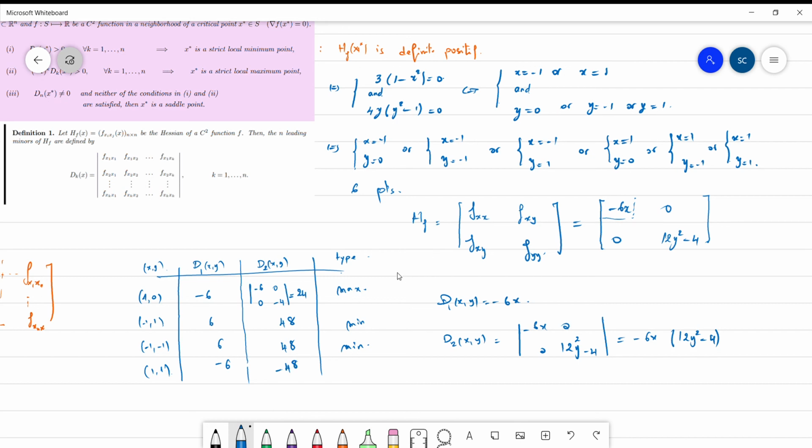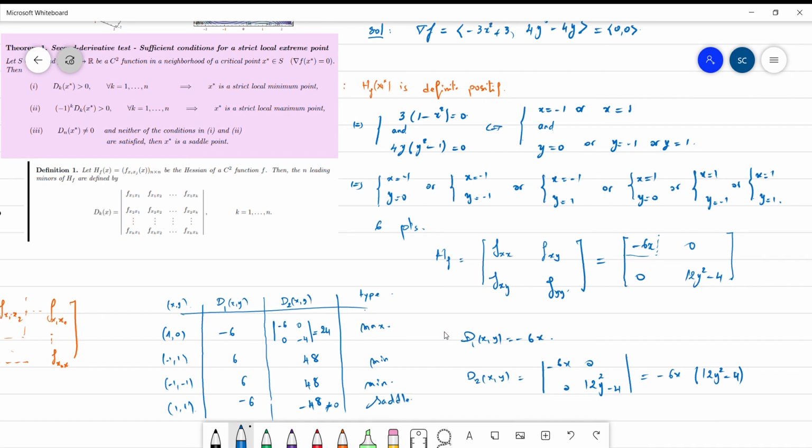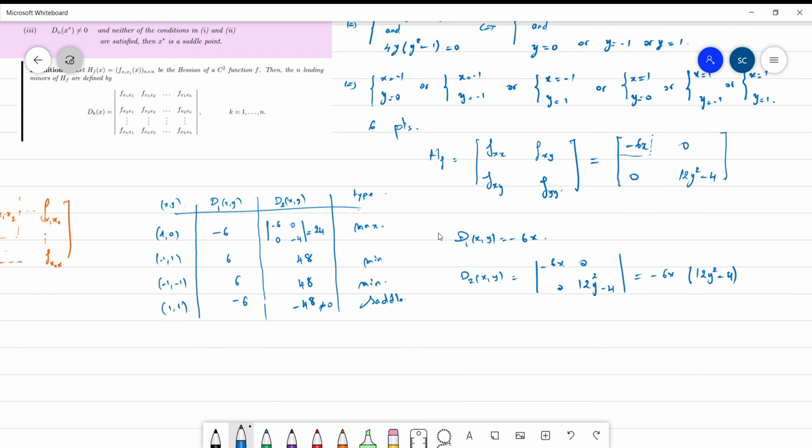Let's look at this situation: if you multiply d1 by minus 1, you get positive, but d2 is not positive, so the second condition is not satisfied, and the first is also not satisfied because we have a negative sign. Now d2 is different from 0, so we have a saddle point. The last 2 points also are saddle points.